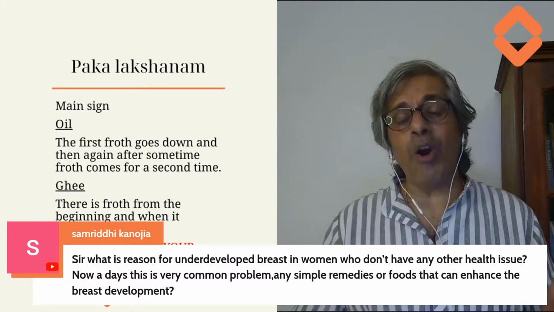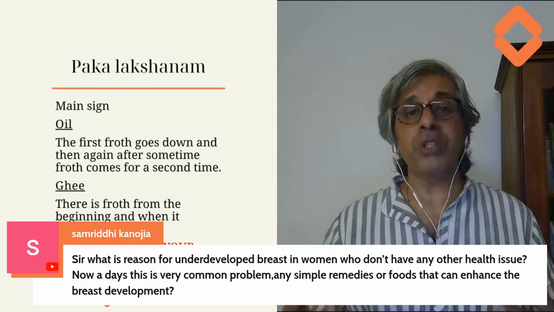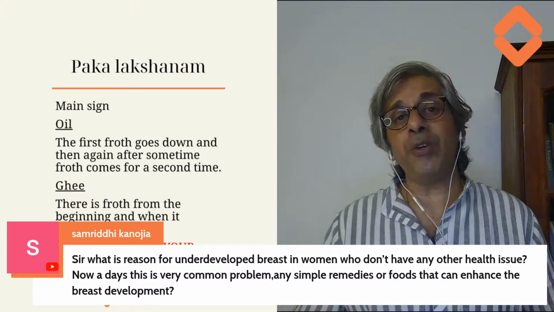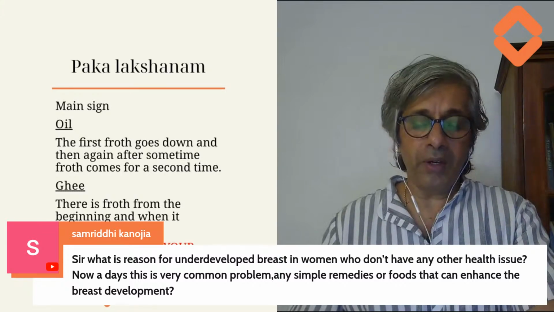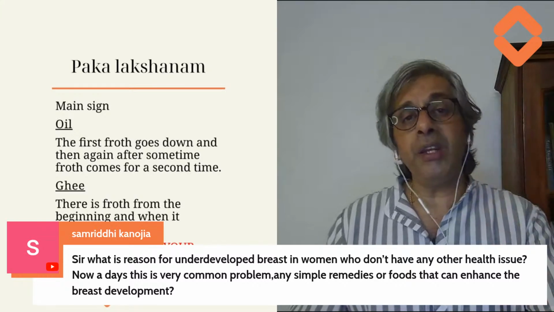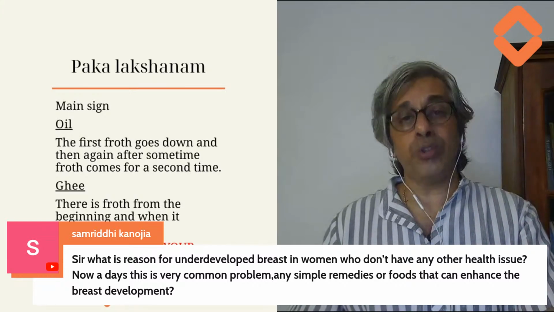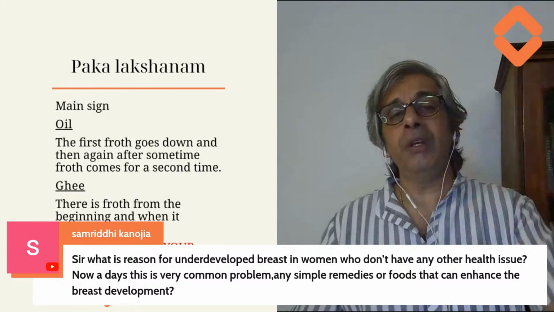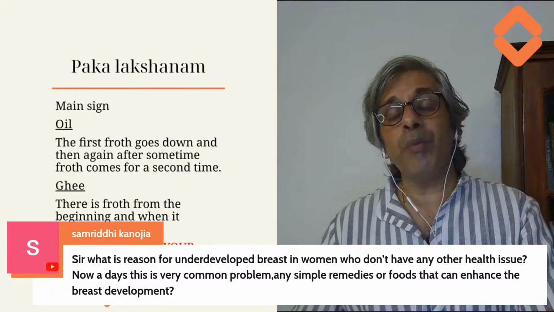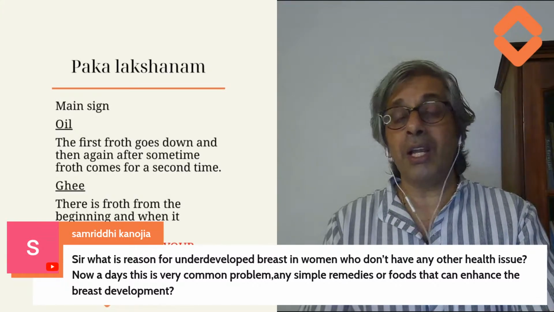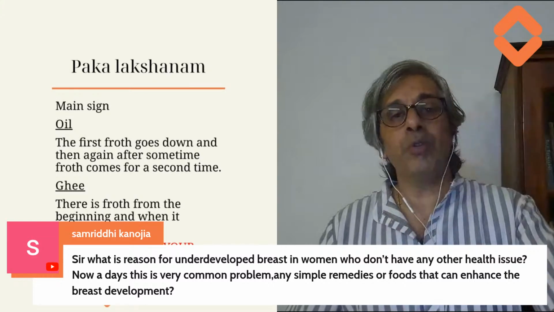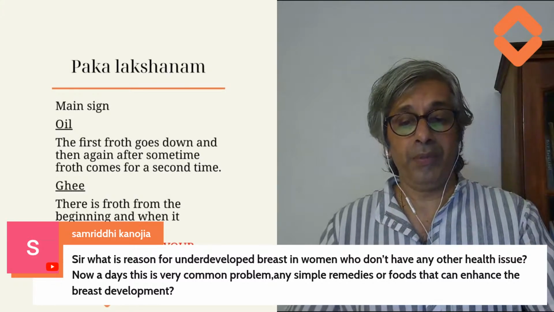But if you apply oil regularly on the breast in circular motions, yes, you will have more blood supply coming to the breast, and you can have a larger breast. Intake of Shatavari will also help you, because it will help the hormones balance a little bit more, and then there is a chance of your breast growing slightly, but you can't go beyond a certain limit.